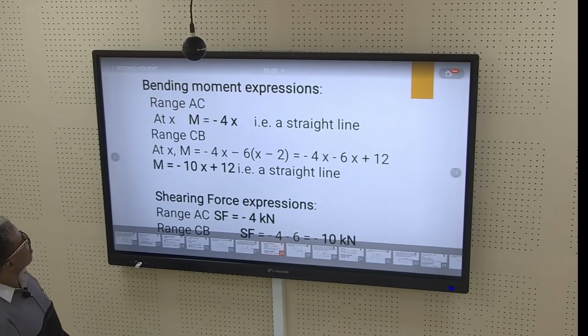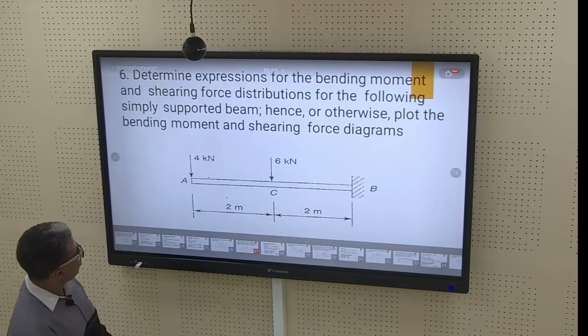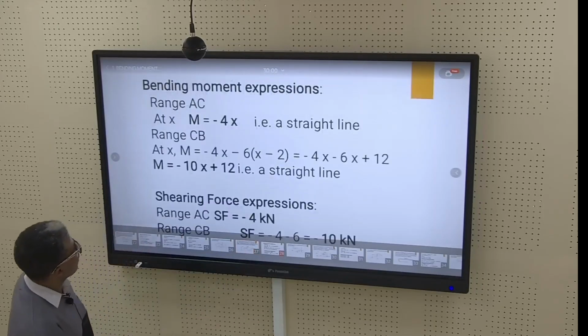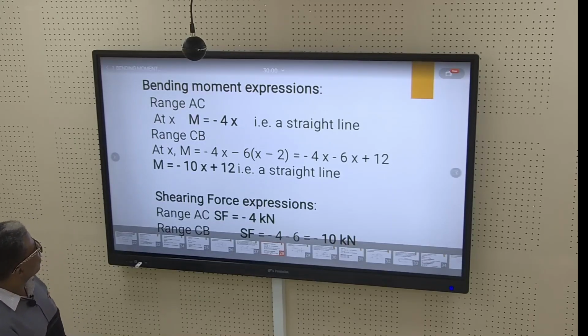Bending moment range at AC. At AC, it is negative 4x, and the bending moment at CB is negative 4x minus 6.